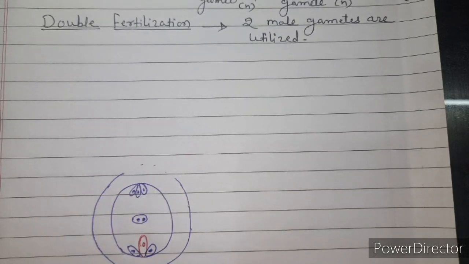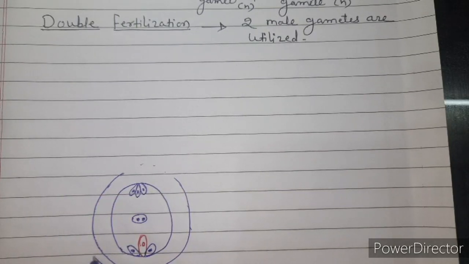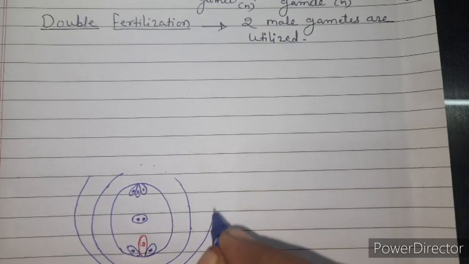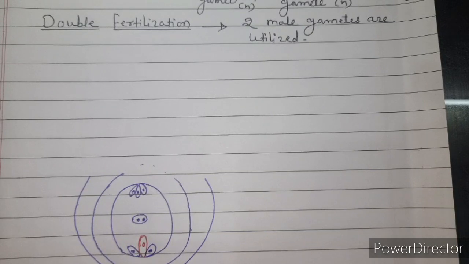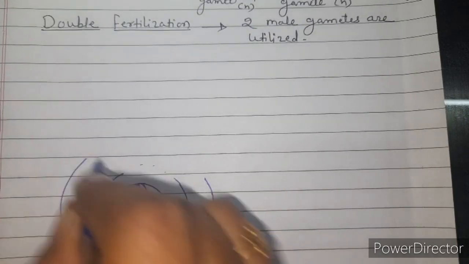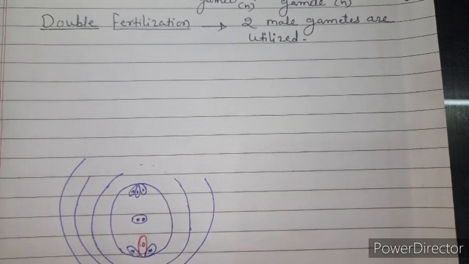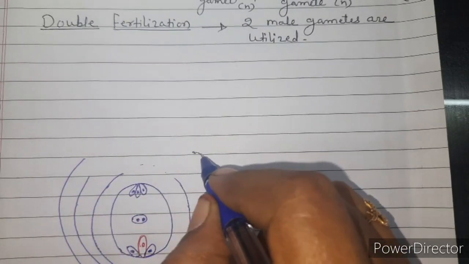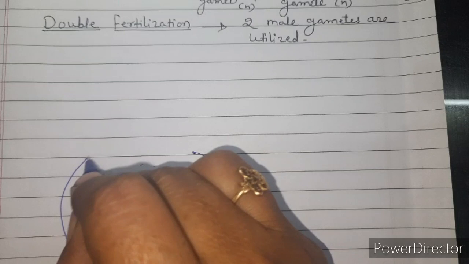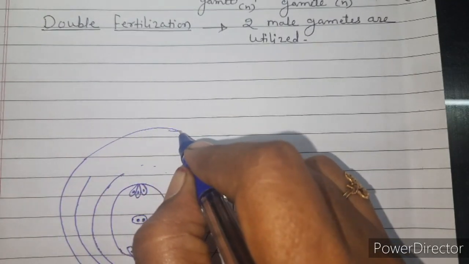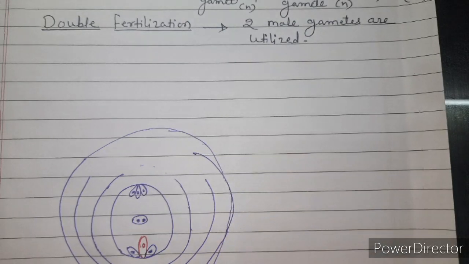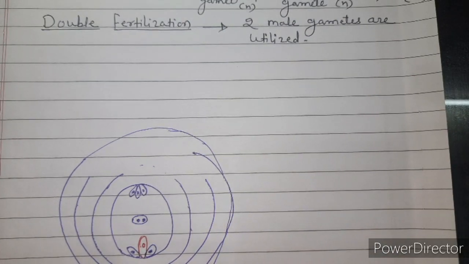You know that the nucellus is covered by two integuments, or two coverings like this, and here the structure funicle is there.